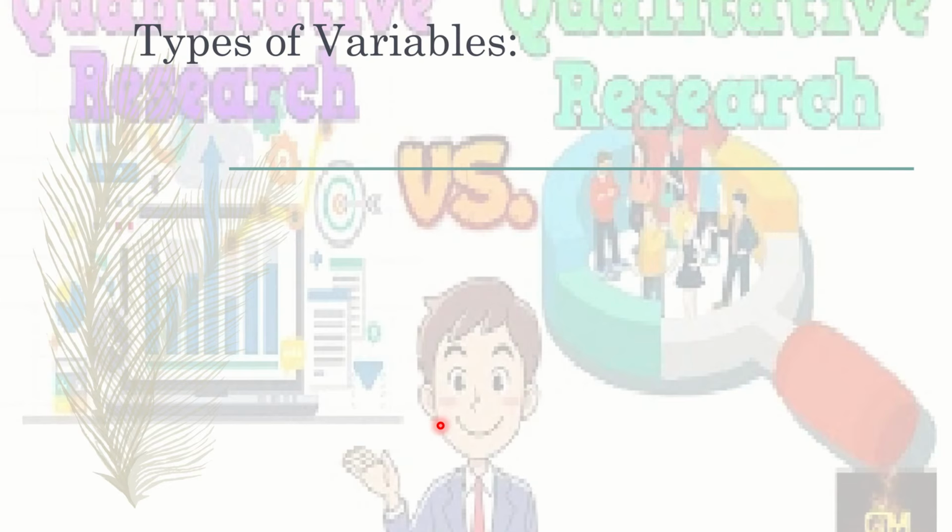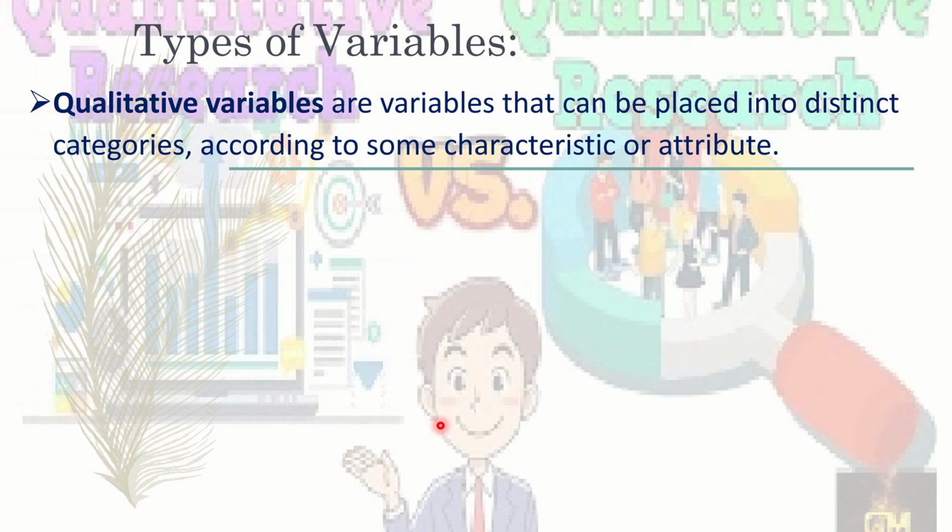Now we talk about types of variables. There are many types of variables. The first one is qualitative variables, which do classification based on quality. It divides the given data set, scenario, or problem into distinct groups based on some characteristic or property, some attributes.